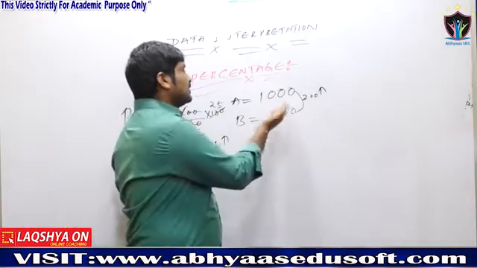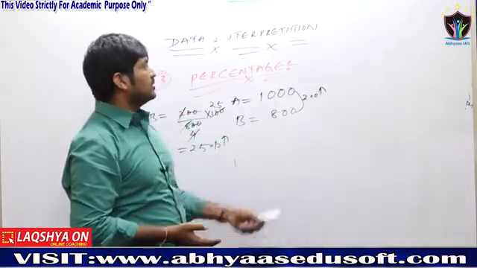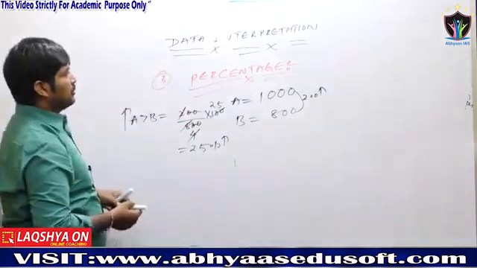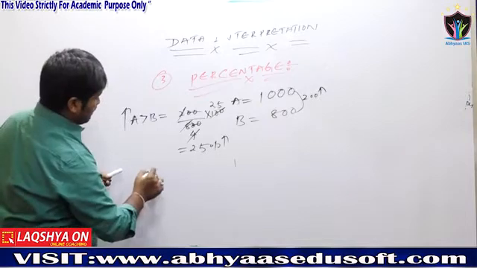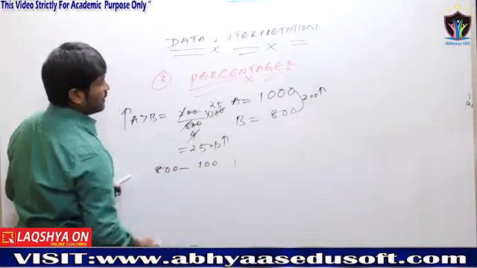So on this 800, A is more than B by how much? 200. This value is always 100%, so 100% equals 800.